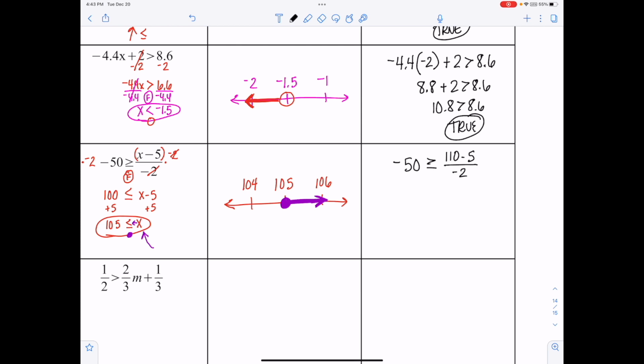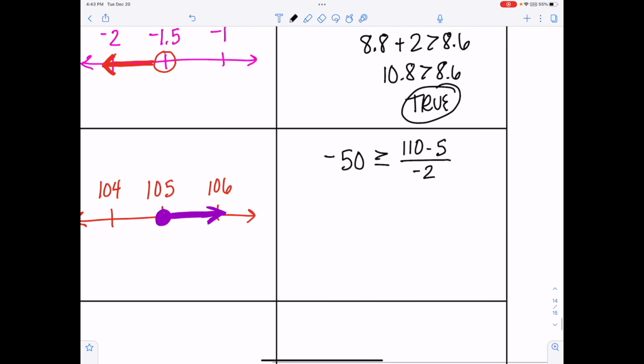Now we do order of operations, so I'm going to do my numerator first because it's in parentheses technically. And so we end up with 110 minus 5 is 105. And so we have 105 divided by negative 2. And I'm just copying everything down. All right, now I can do my division.